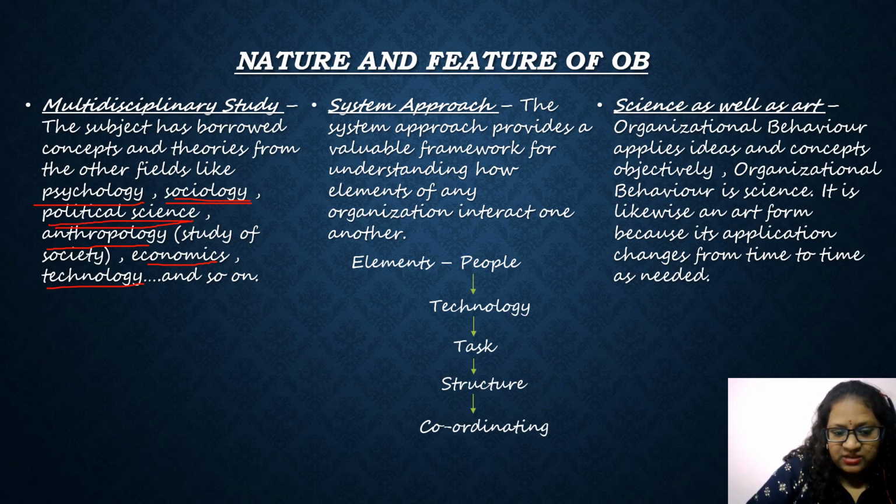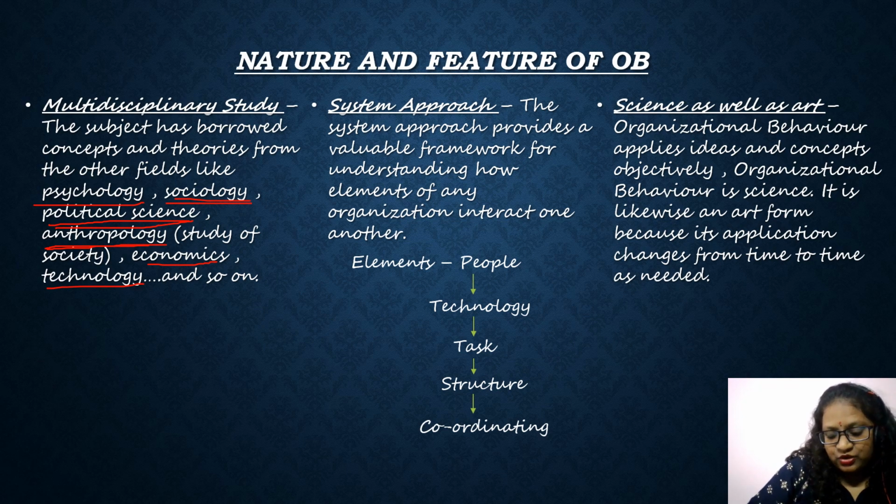Political science refers to power. Now we have different levels of management. What power does top management have over the lower levels in an organization? This theory is taken from political science. Next comes anthropology, which is the study of society.